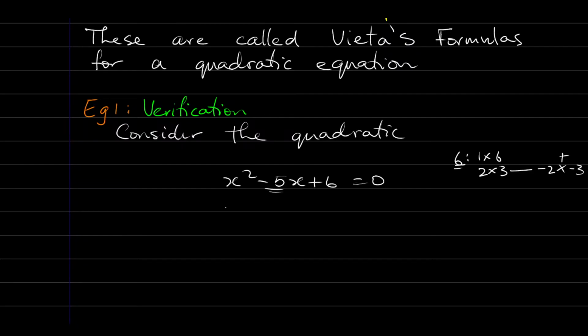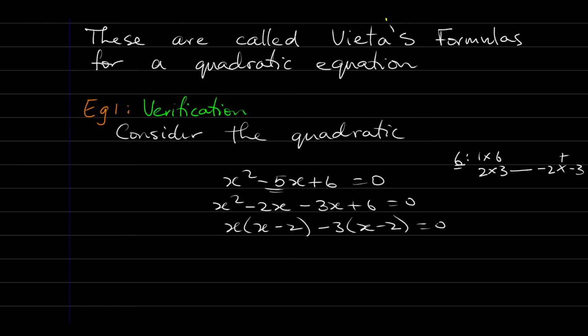So this is what I'm going to use to split. So I'm going to say x squared minus 2x minus 3x plus 6 equal to 0. And then I'm going to have here x into x minus 2, and then minus 3 into x minus 2 equals 0. And I'm going to have x minus 2 as one of the factors, and x minus 3 as the other factor equal to 0.